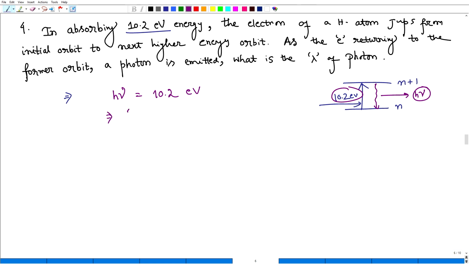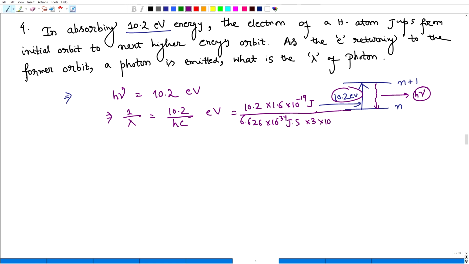So 1 by lambda will be 10.2 electron volt divided by hc. So 10.2 into 1.6 into 10 to the power minus 19, this is joule, and h is 6.626 into 10 to the power minus 34 joule second, and c is 3 into 10 to the power 8 meter per second.